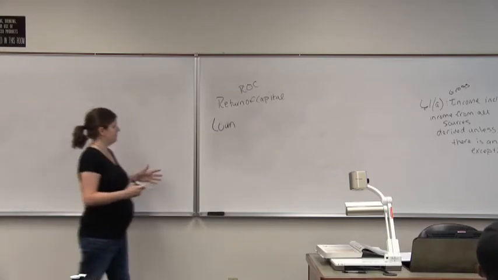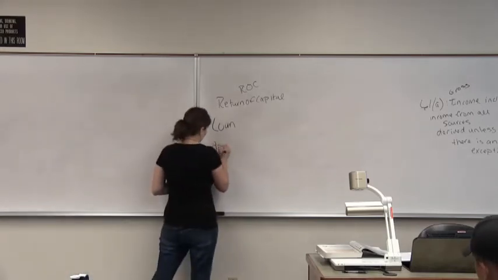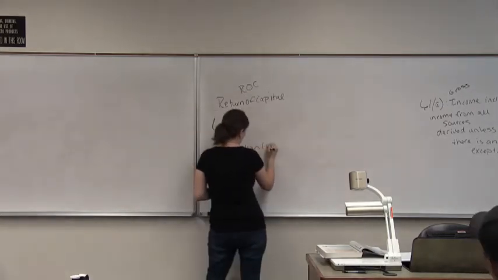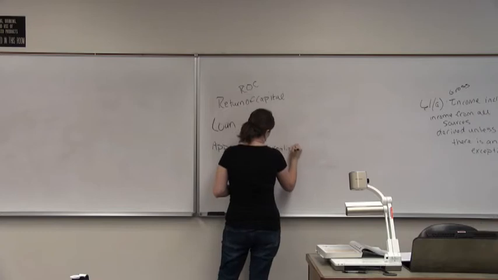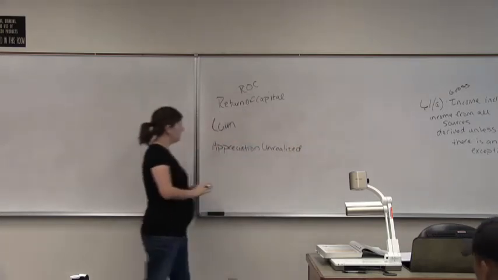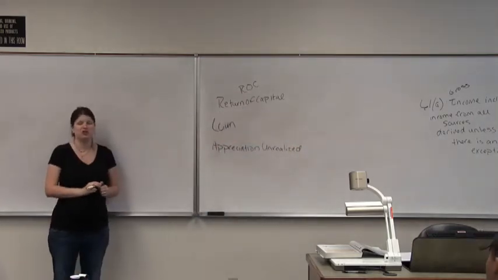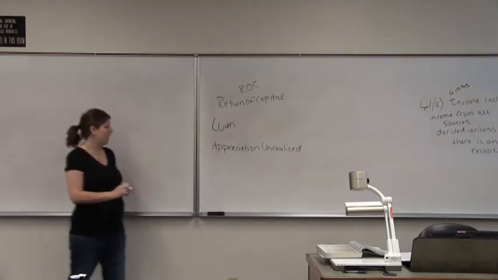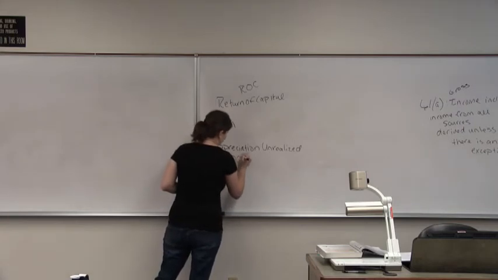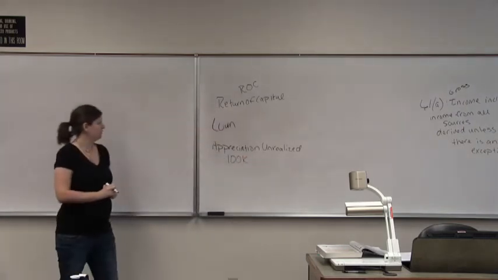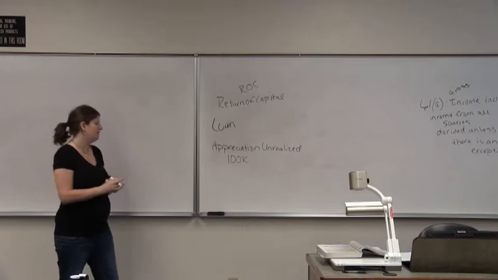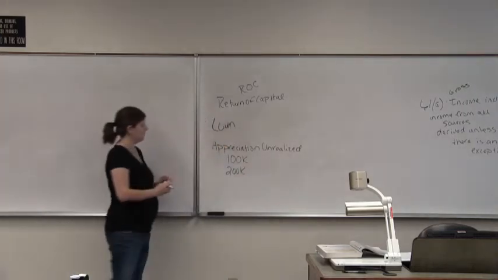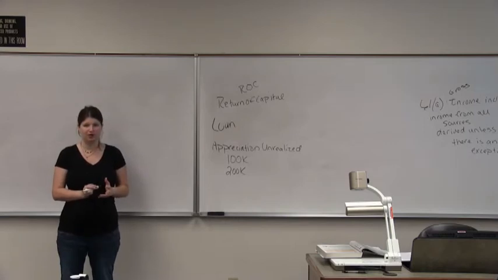Another thing that is not income is something called unrealized appreciation. So let's go back to our example of the house. I bought a house for $100,000. 10 years go by, and that house is now worth $200,000, but I haven't actually sold it to anyone.